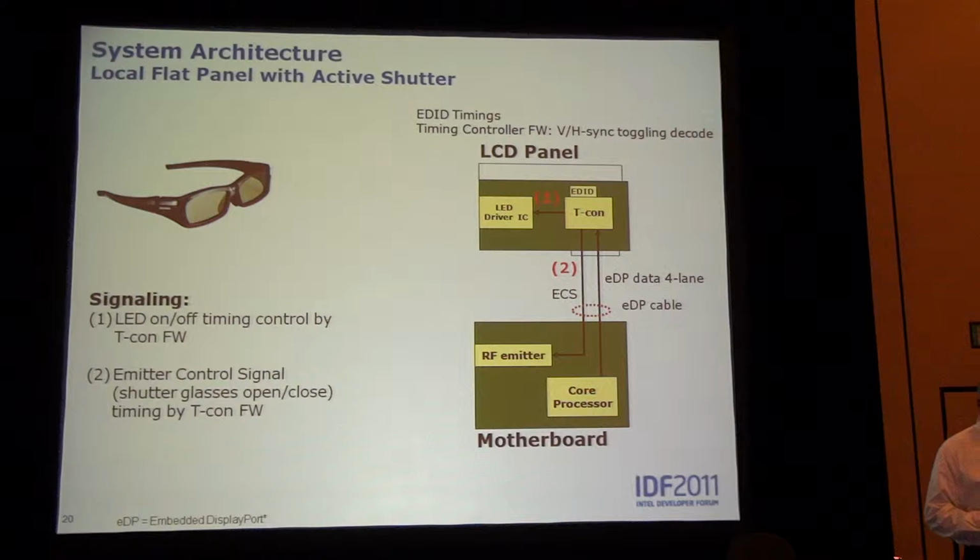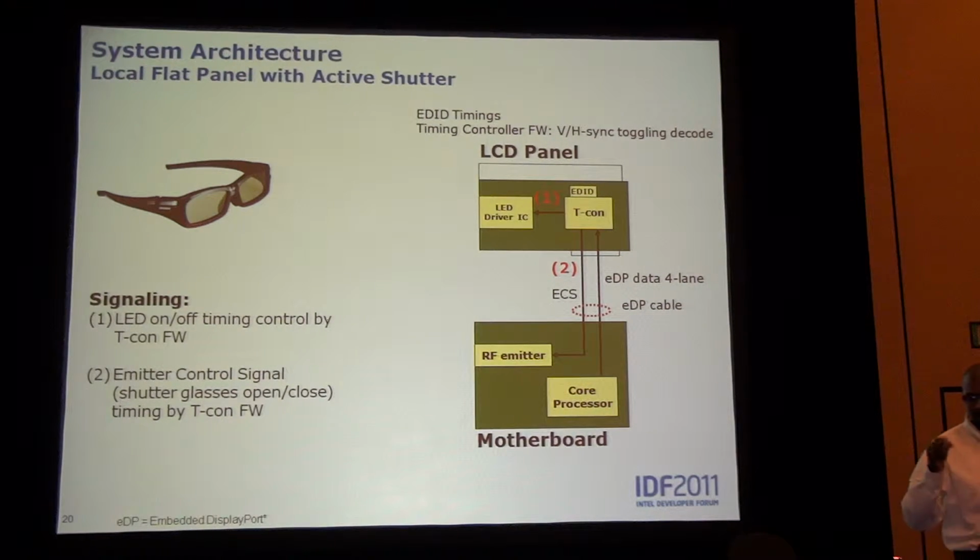Next comes in the Intel solution, and other solutions you see out in the market as well. But specifically for Intel, we have what we call an emitter control signal. That emitter control signal sits within the panel TCON firmware, and it's the single most important signal to make sure that the glasses are synchronized properly.